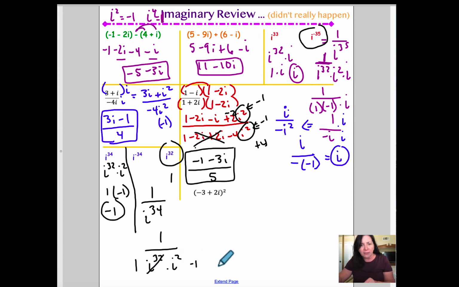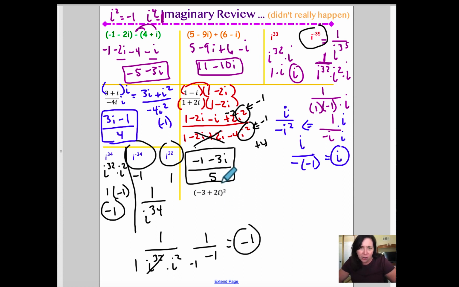So we have 1 times negative 1, which is negative 1. So we have 1 over negative 1, which is negative 1. So that means that i to the negative 34th power is negative 1. I think for me, the takeaway from that is just make sure that if it's a negative power, it's got to go to the denominator, okay?